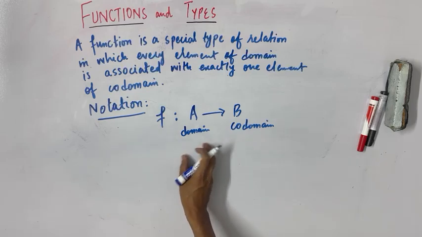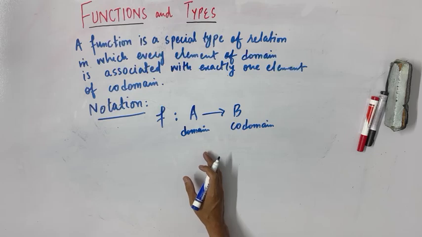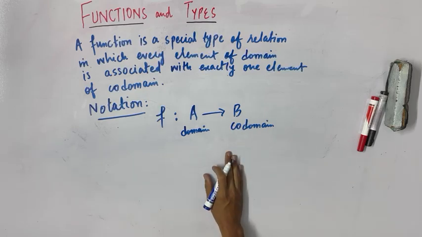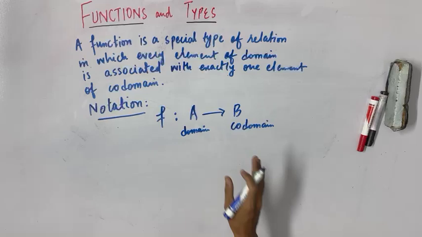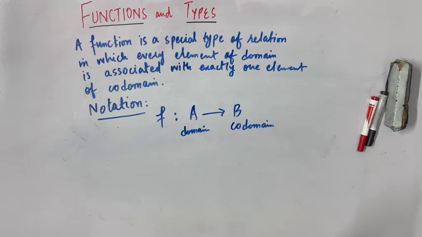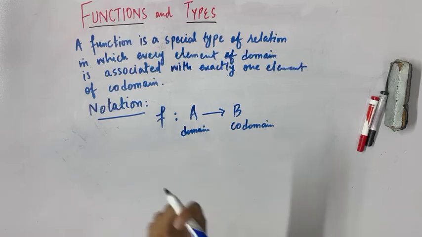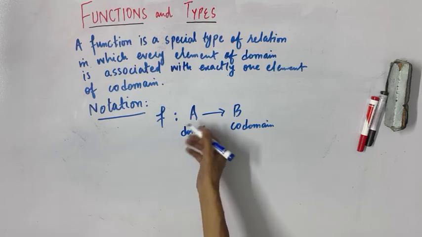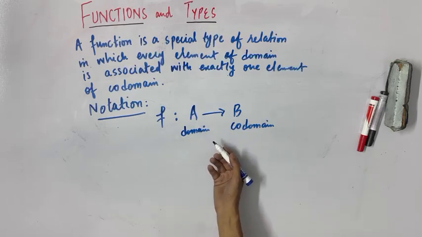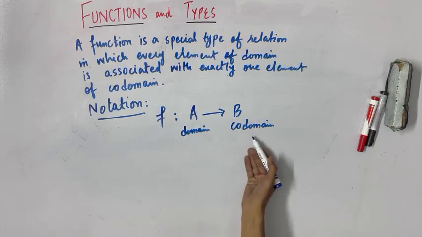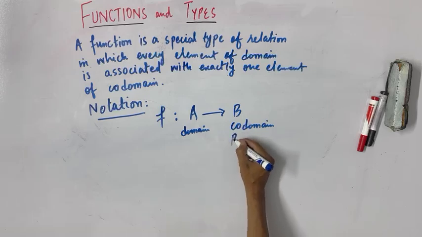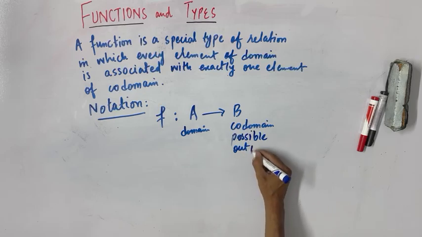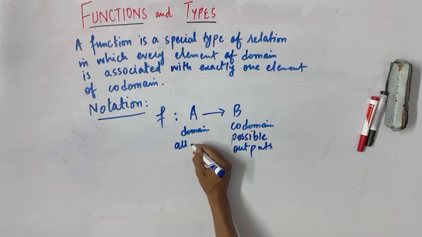In other words, there are some buttons, and there are some appliances in your room, for example a fan, a light, or any other thing, and you notice that there is no button for a particular object, meaning there is a holder or a bulb and you are not able to turn it on with any of the buttons. So that element is part of the codomain, but it is not the output of any element of the domain, or in other words any of the inputs. So codomain elements are not necessarily the outputs, they are the possible outputs, but sometimes there are values of the codomain which are not part of the outputs. So they are the possible outputs and they are all the inputs.